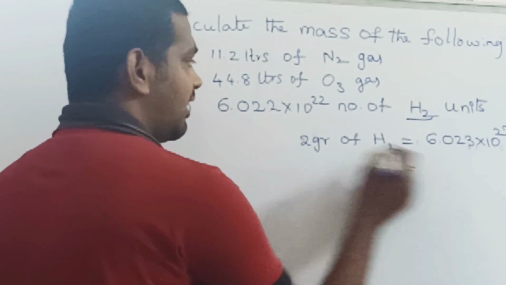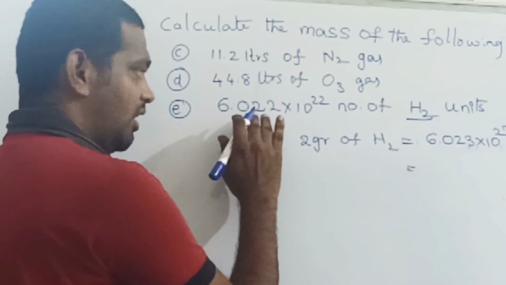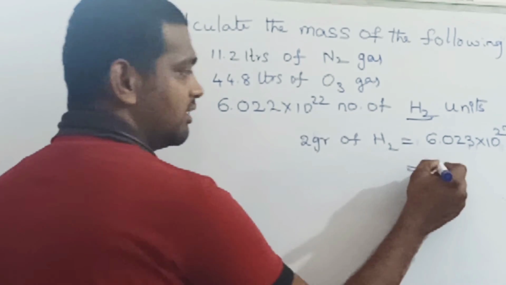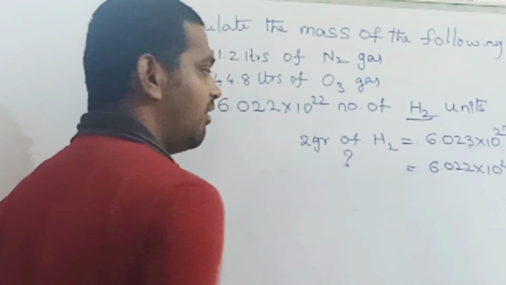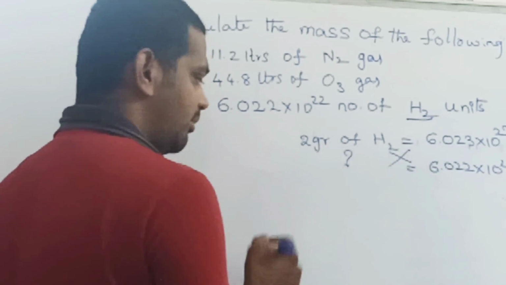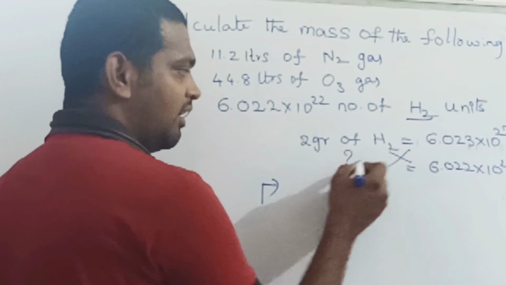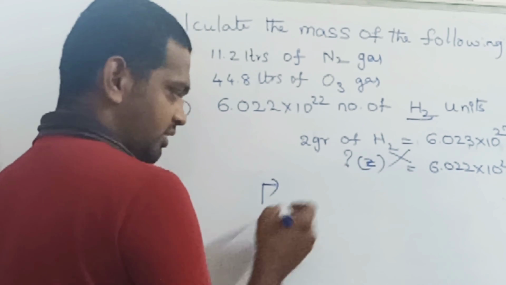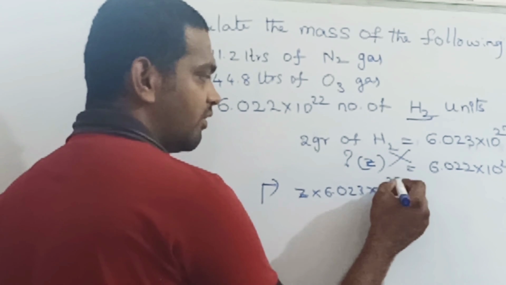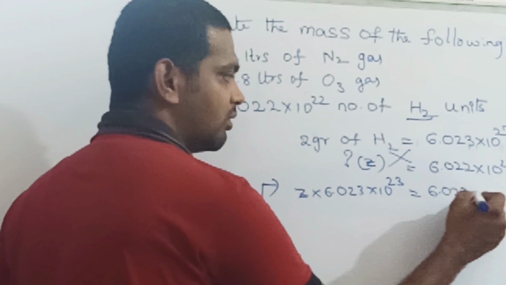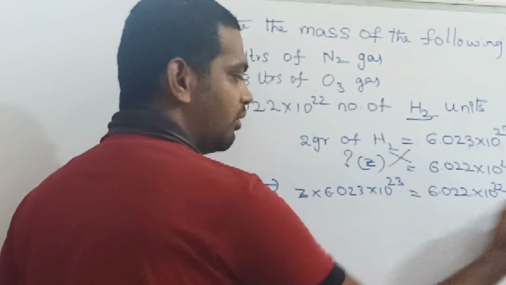But here how many hydrogen molecules have been taken? 6.022 into 10 to the power of 22. How many grams will it consist of? Just do cross multiplication and you will get the answer. Let us consider this as Z grams. Z into 6.023 into 10 to the power of 23 is equal to 6.022 into 10 to the power of 22 into 2.